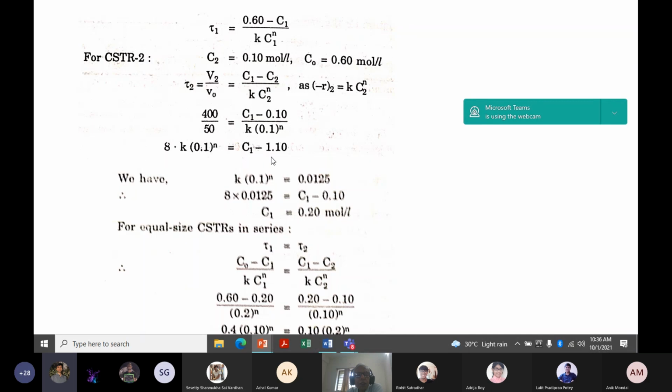C1 minus 0.1. Two equations are there. Then solve for C1. C1 will become 0.2.